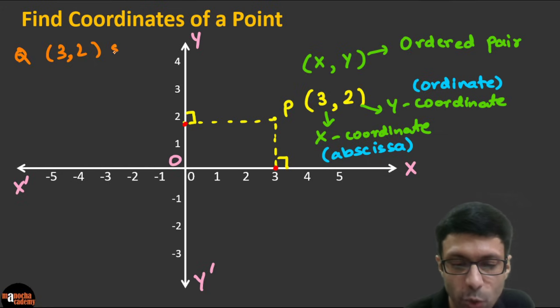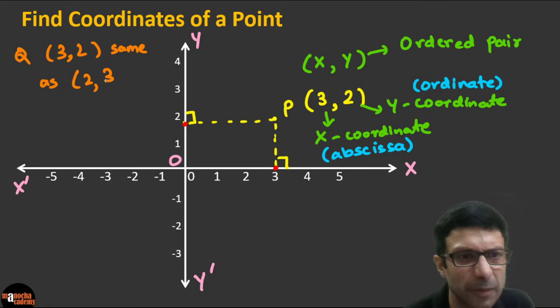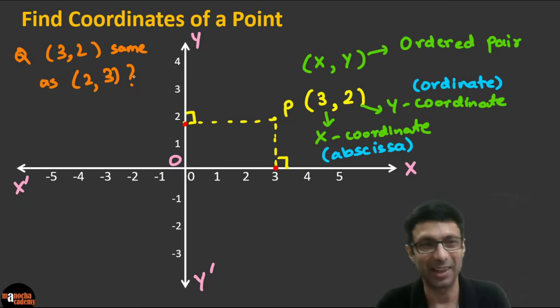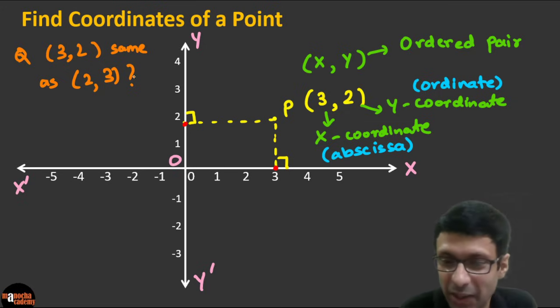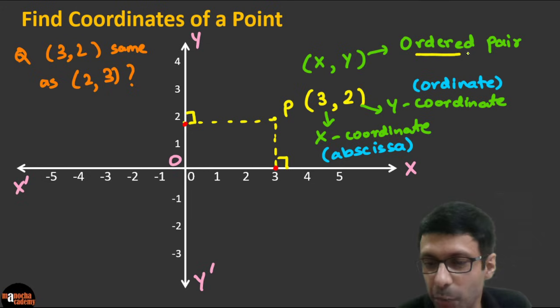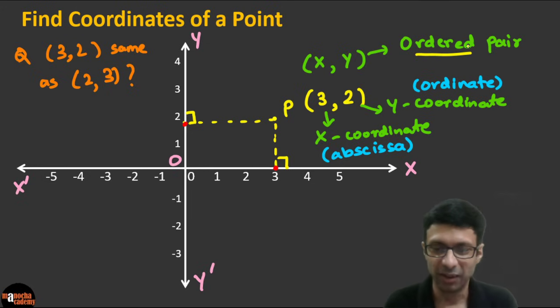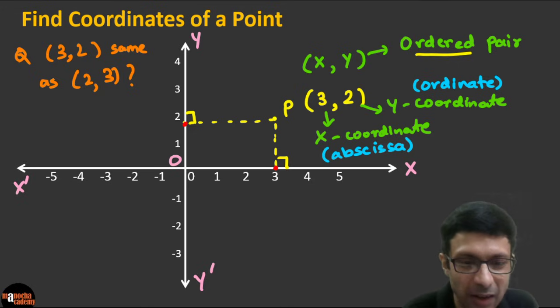No, everybody's saying no. Absolutely right guys. That is why it's called an ordered pair, because the order is very important. Where will 2 comma 3 be? 2 comma 3 is going to be somewhere here.